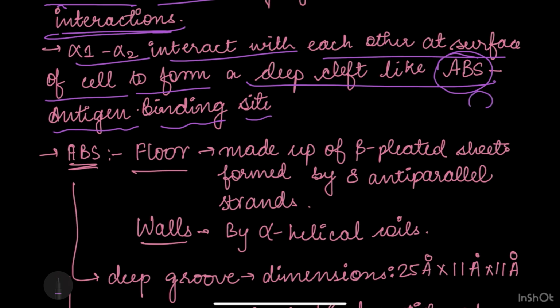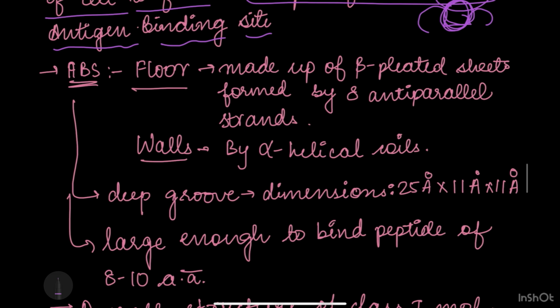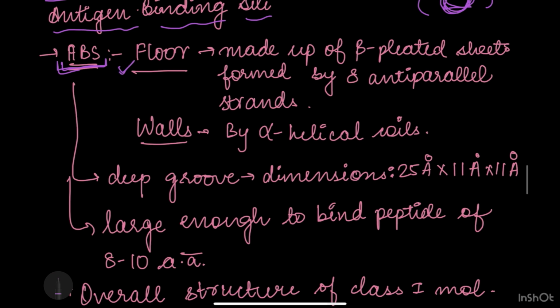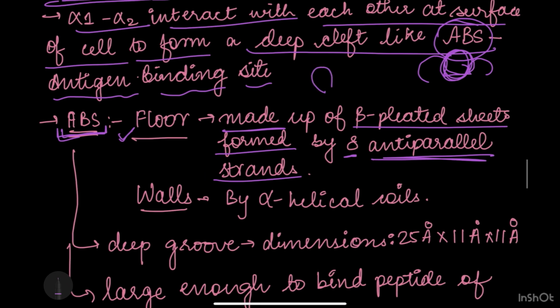I showed you this is the antigen binding site. Now let's discuss about ABS. ABS means antigen binding site. The floor of the antigen binding site is made up of beta pleated sheets formed by 8 anti-parallel strands. Suppose this is the cleft, so if we view this part, it is like this.